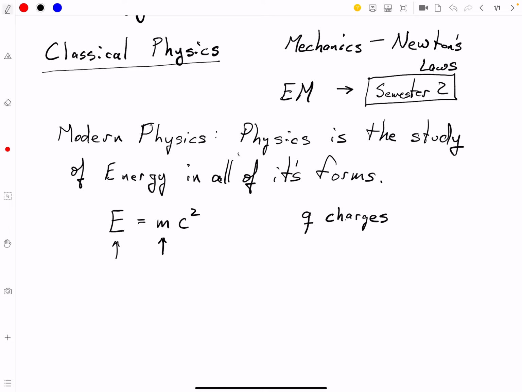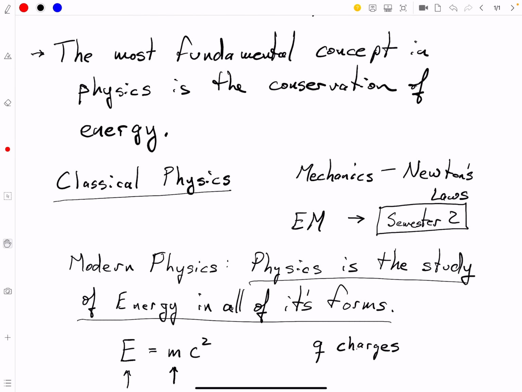So yes, physics is the study of energy in all of its forms, and because of that, we can say that the most fundamental concept in physics is the conservation of energy, and the use of that concept is huge.